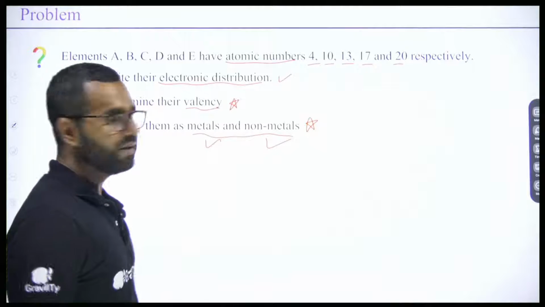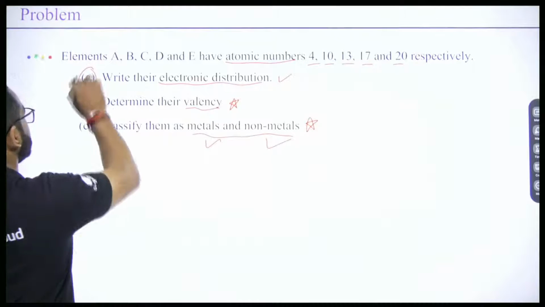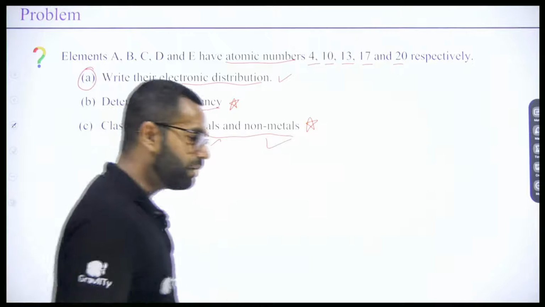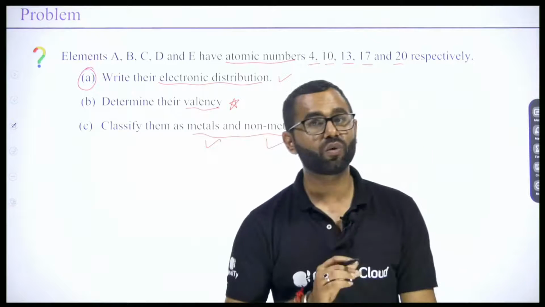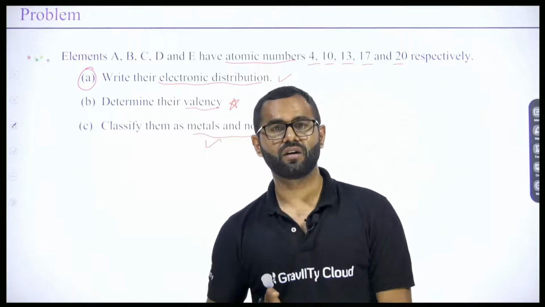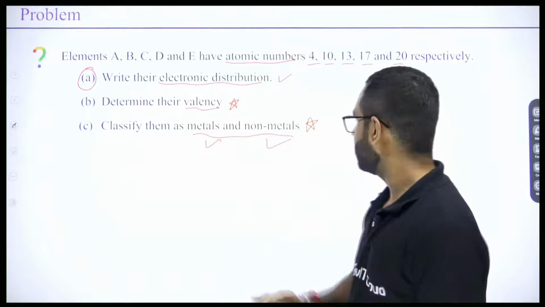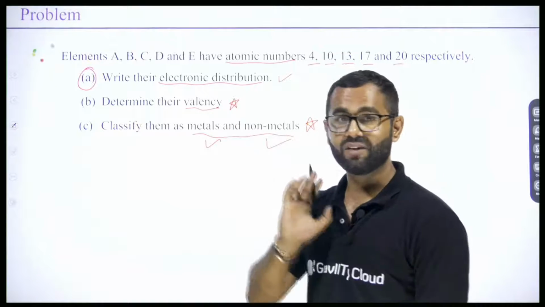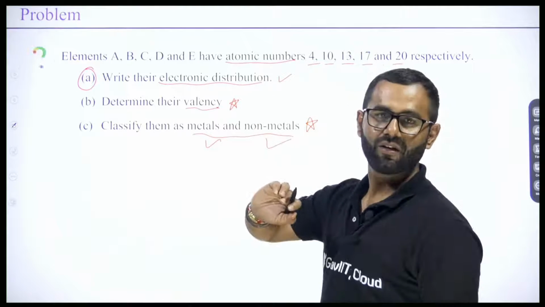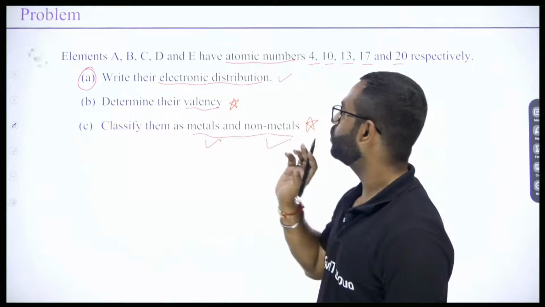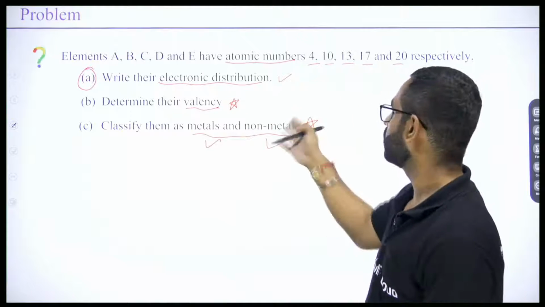But you can do the first part. I have told you earlier also that many times we will be doing questions where you will be learning the new concepts in the question only. I haven't taught you yet about valency, but I will be teaching you now because it is in the question. Similarly, I haven't told you how to identify elements as metals and non-metals.